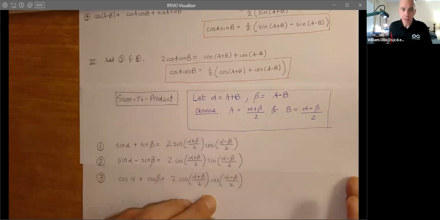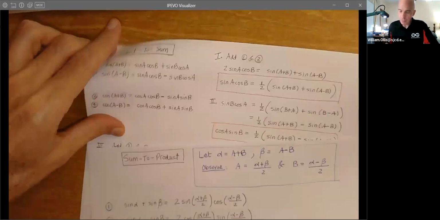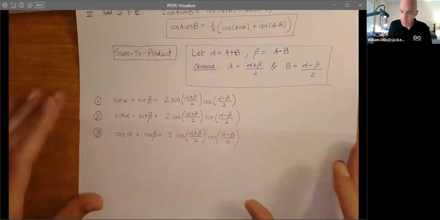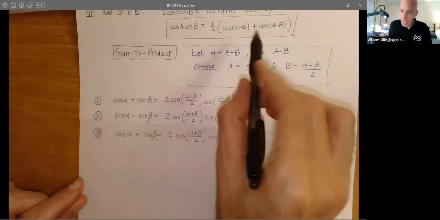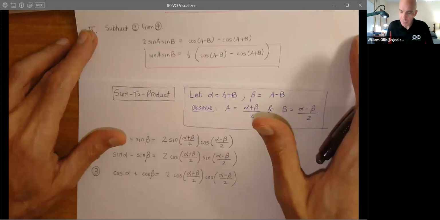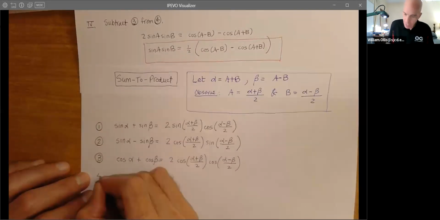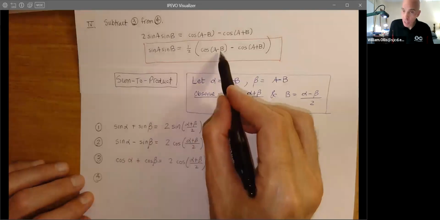All right, and then for the very last one, we'll do the same thing. Go up just a little bit more. So now 4, we have cosine beta minus cosine alpha.